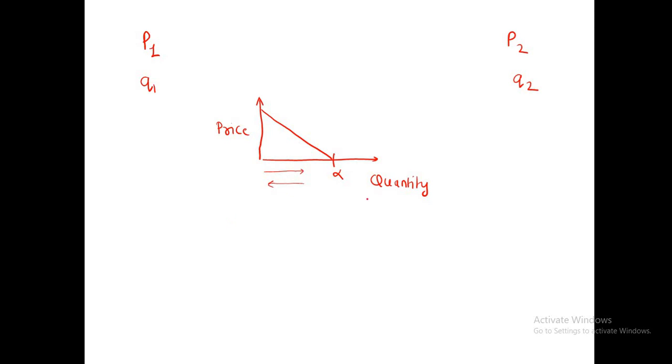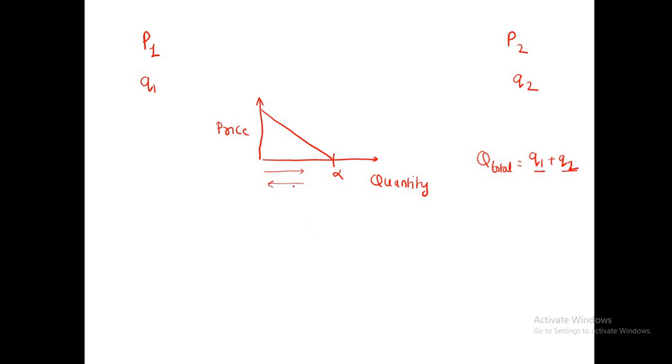I'm assuming that the total production of the product is Q1 plus Q2. Why Q1 plus Q2? Because this is the production of player 1 and this is the production of player 2. Both are producing some quantity, and if we take the summation, we get the total production.